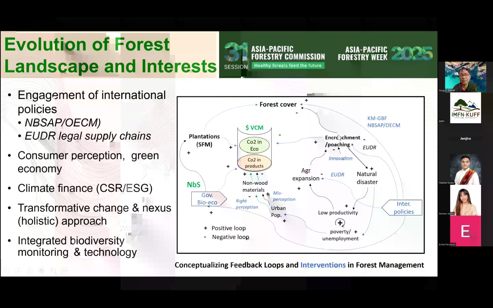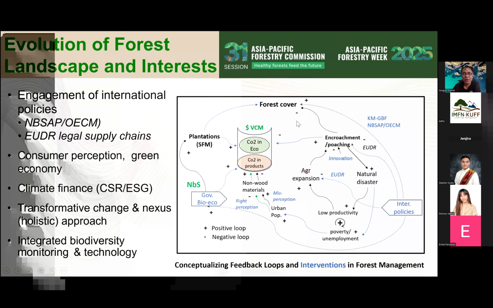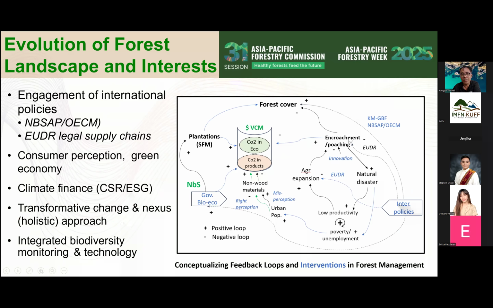So finally, if you see this feedback loop again that I showed you in last week's presentation, we used to have the forest cover, and the question was how to increase the forest cover and reduce the encroachment or the deforestation. Right now we have a lot of international intervention, from the CBD, IPBES, OECM, and international policy, and we can change the perception of local people, use less substitute material, and use more wood.